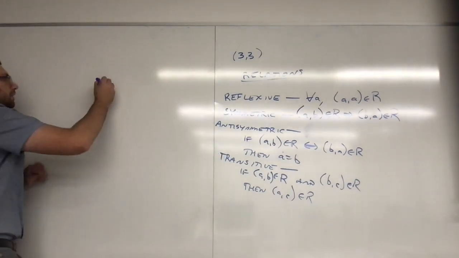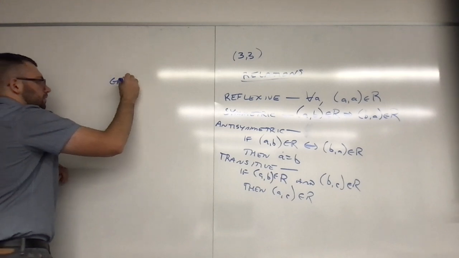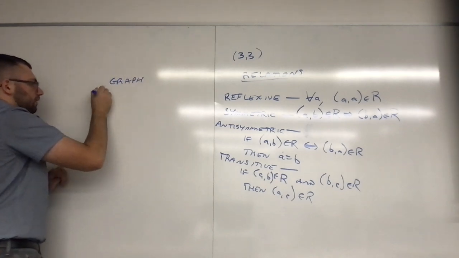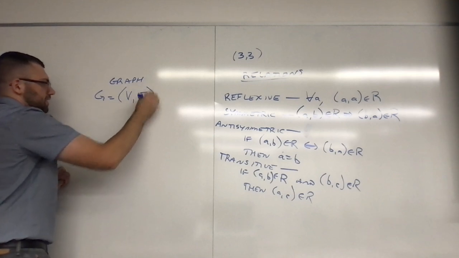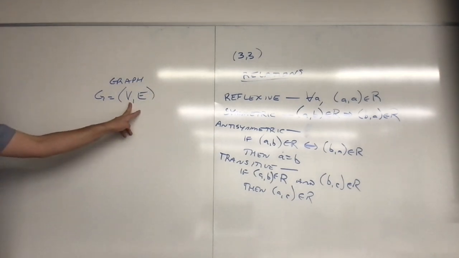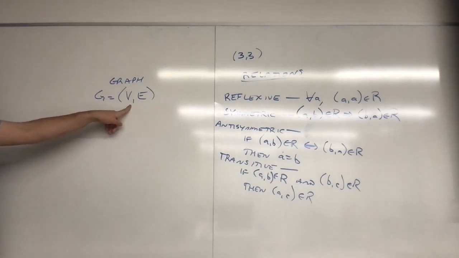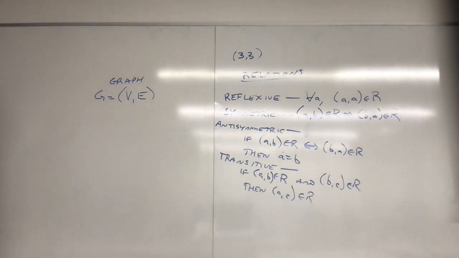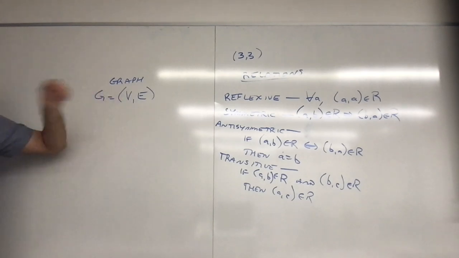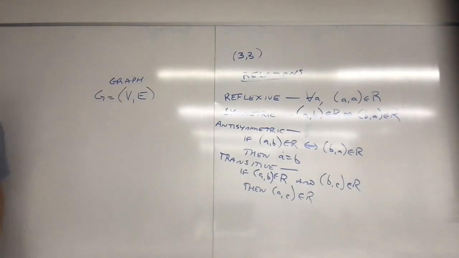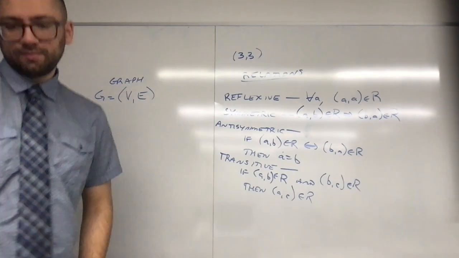A graph is just a tuple of two sets, V and E. V is vertices, E are the edges between them. So it's a list of vertices, of points, and how they're connected to each other. So a graph represents connections. It's like a network.